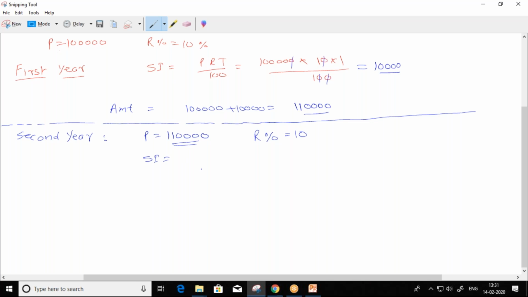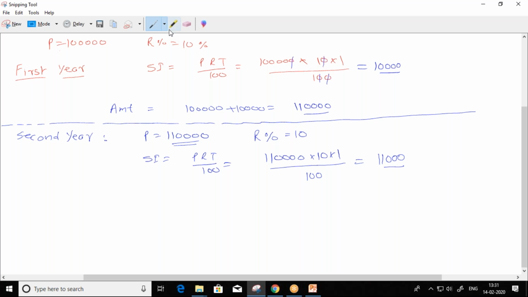That you need to take care of. So the formula is the same, PRT divided by 100. So P is 1 lakh 10,000, rate of interest 10%, time is only 1 because I'm calculating for the second year, divided by 100. And if you go for the calculation, you'll be getting 11,000.